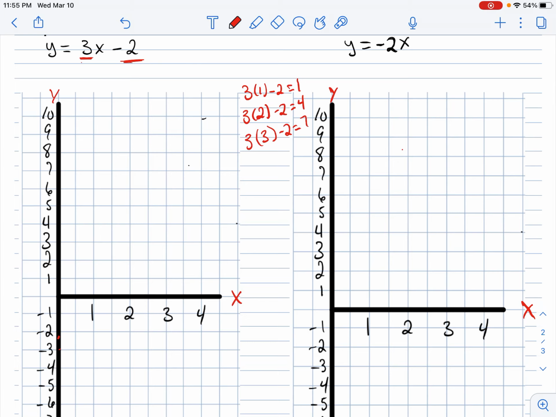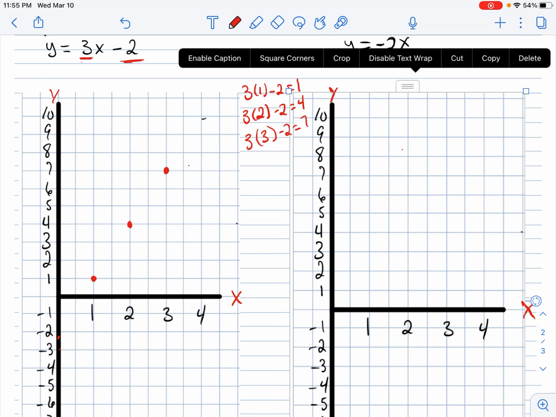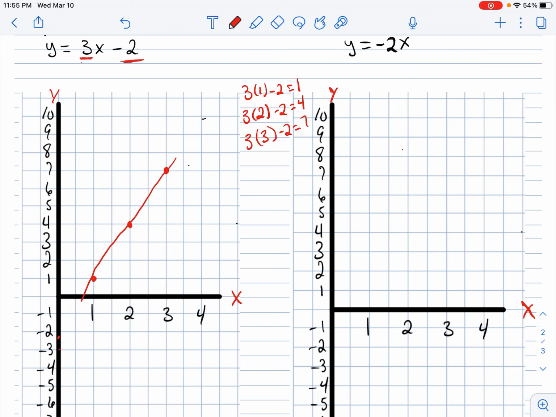So at 1 it was positive 1. At 2 it was 4. And at 3 it was 7. Okay, so if I connect these points, I'm going to have my graph.